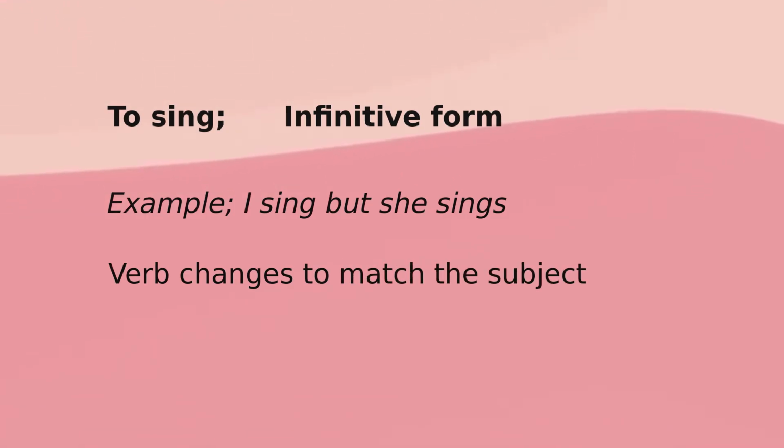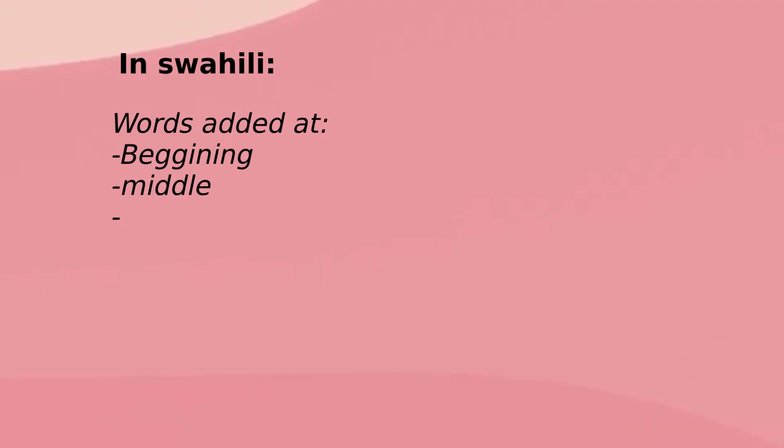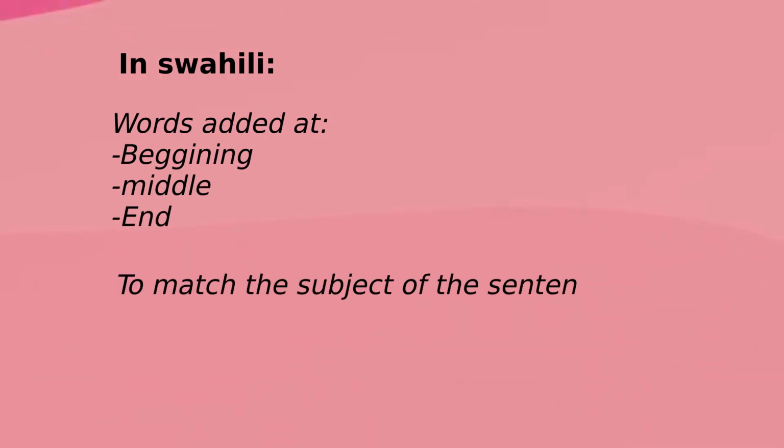Now in Swahili, verb conjugation works a little bit different, with things being added at the beginning, in the middle, and even at the end to match the subject of the sentence. Now I'm going to use an example of a verb, kutoka, to show you how this is done. So kutoka simply means to come from.